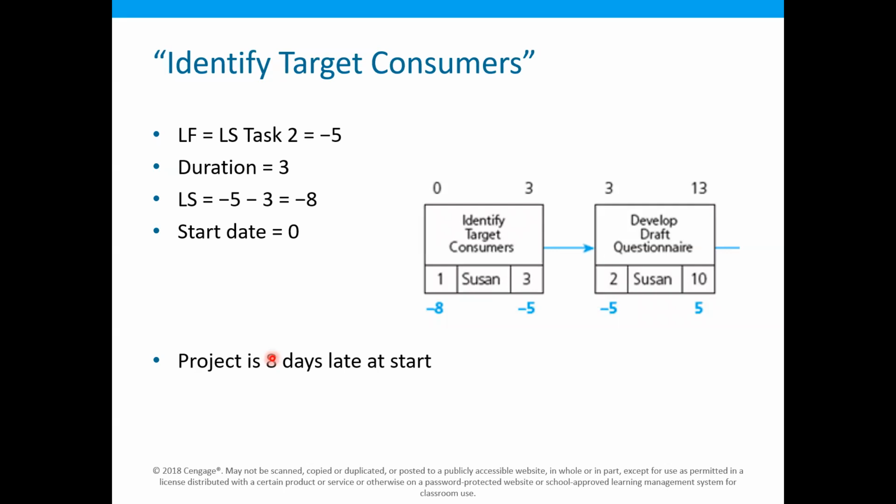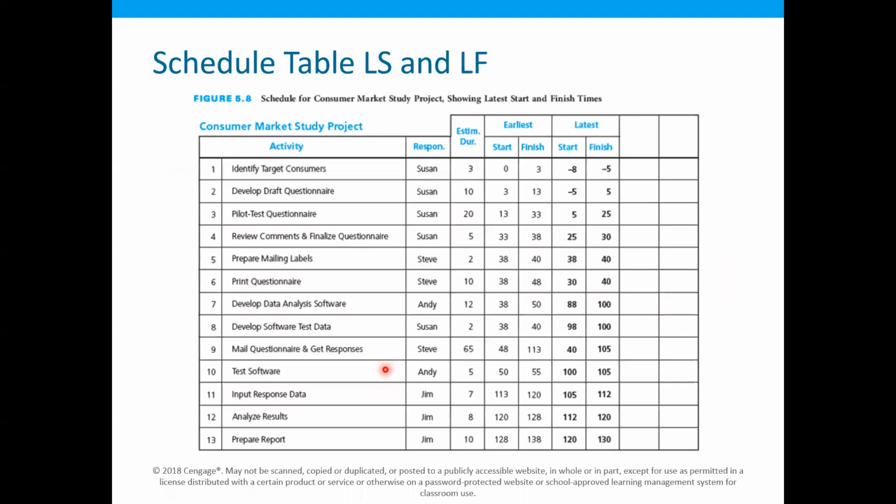So it means that the project is 8 days late at the start, which means that we need to start early by 8 days, or somehow we have to reduce the overall duration of the project by 8 days to make up for this delay. So in this case, we get this latest start and latest finish time. All those latest start and latest finish times can be input into this schedule table.